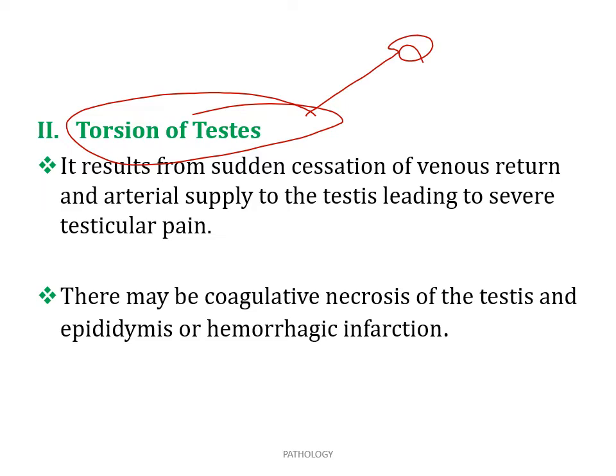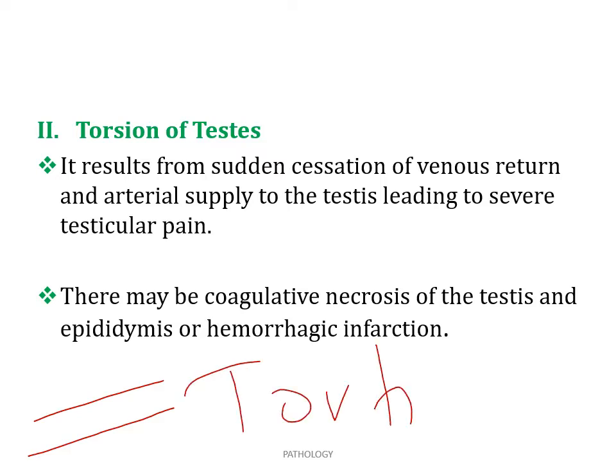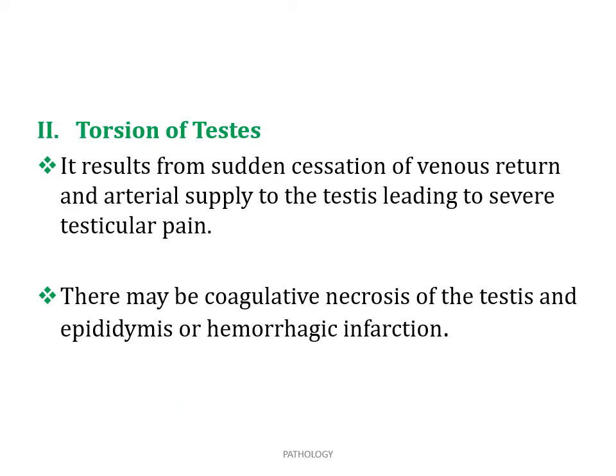Remember, this is a general rule in surgery: any young adult male patient who presents with sudden acute testicular pain, we say it is testicular torsion until proved otherwise. So when you become a doctor, make sure that for any sudden testicular pain in a young adult, the diagnosis should be testicular torsion until proved otherwise.